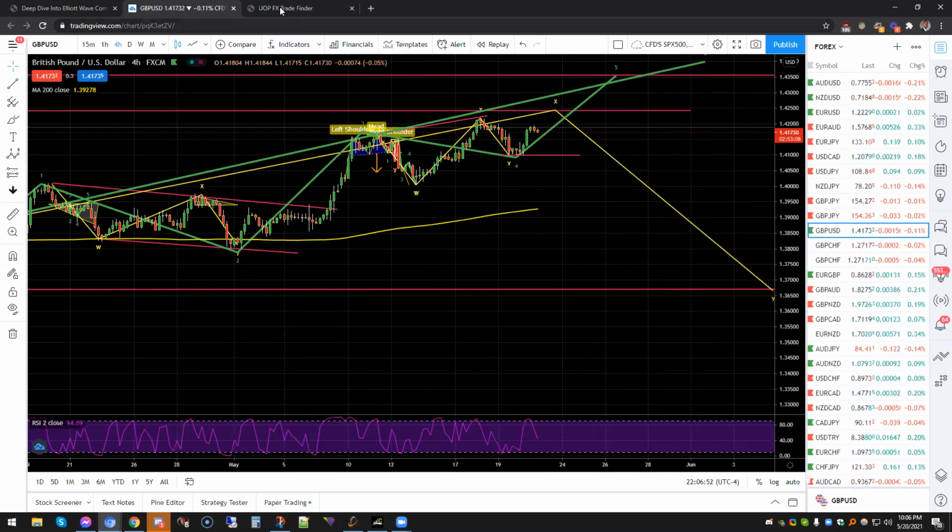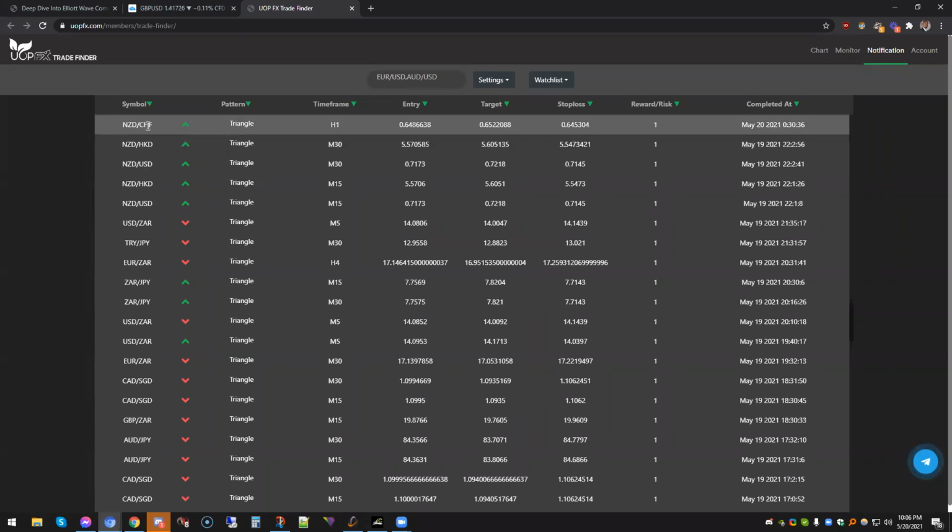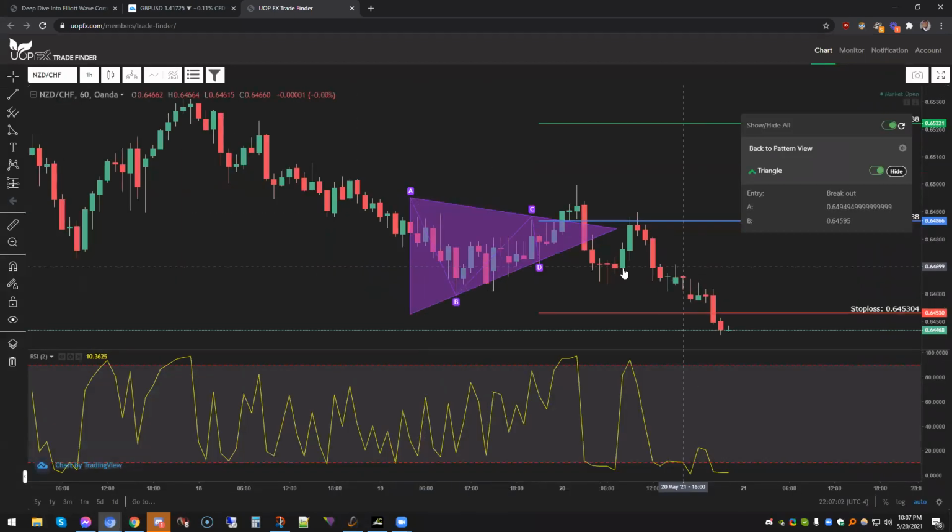All right, no problem. Just let me show you guys the trade finder really quick. We just got something coming in on New Zealand Swiss. Let's take a look at that. What the trade finder does is look for potential triangle formations. Keep in mind that it's not all going to be perfect triangle formations.